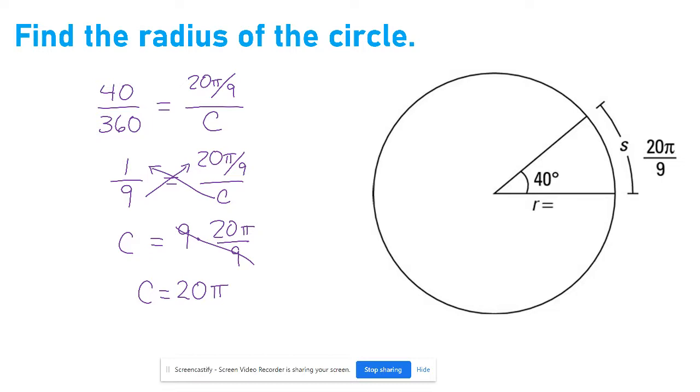Now I've got to find my radius. Well, circumference is 2 times pi times the radius. In this case, my circumference is 20 pi. So to find the radius, I would just divide by this 2 pi.